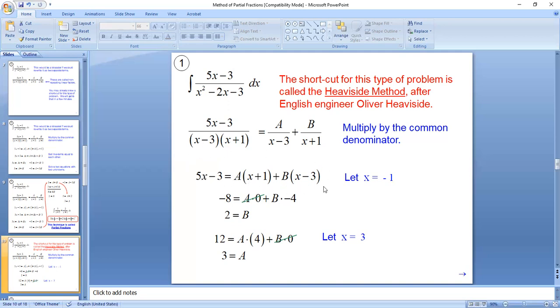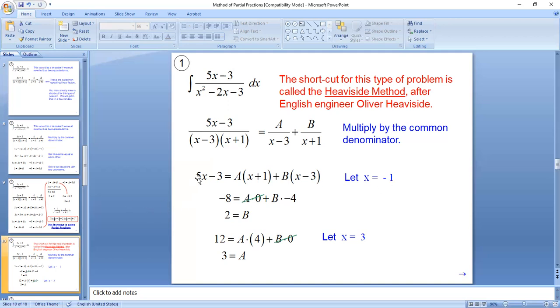What we do with Heaviside method, class, is we think of a number that we substitute to this x here to make this term 0. That number is negative 1, right? Negative 1 plus 1 will make this term 0. So we assign x equal to negative 1.